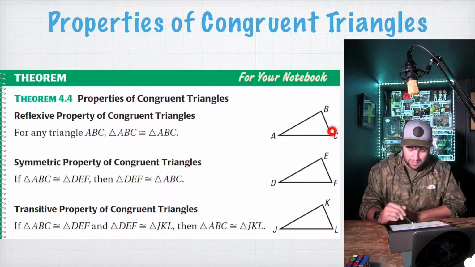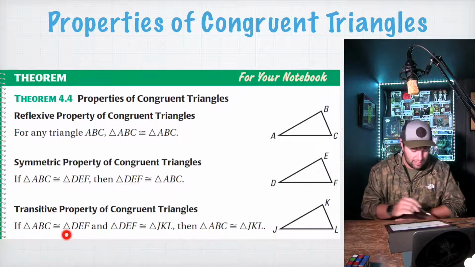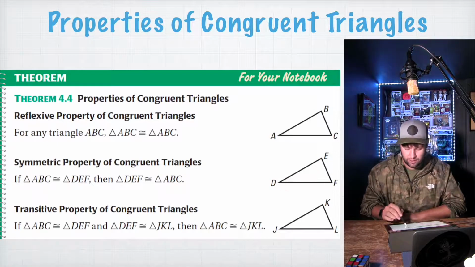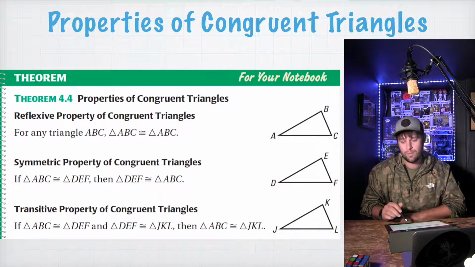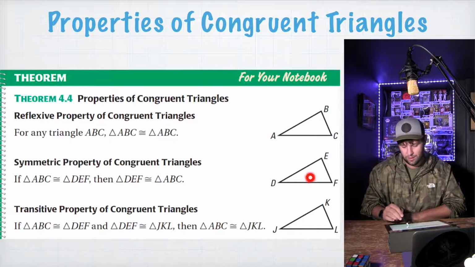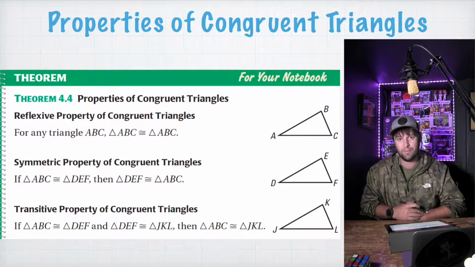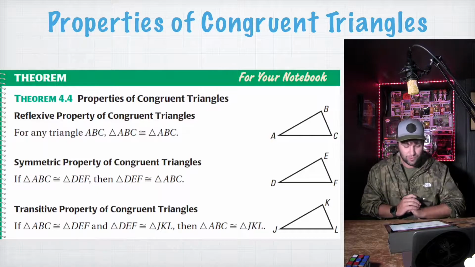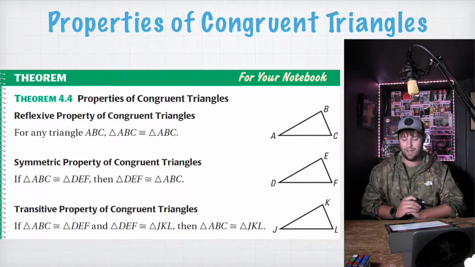If you were to cut ABC out, you could lay it on DEF. That's what it says, right? But it also says if you cut triangle DEF out, you could lay it on JKL. So wouldn't it make sense if you could lay ABC on this one, and you could lay this one on this one, that you could lay ABC on this triangle? It should. That's the transitive property. I'm trying to explain it in a different way because you really need to know the transitive property, okay?